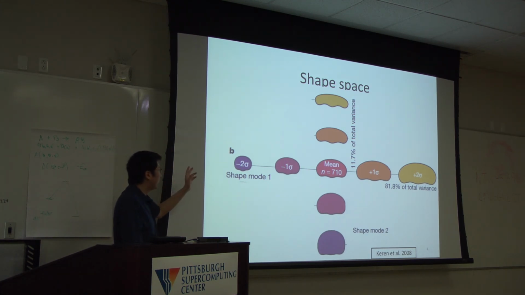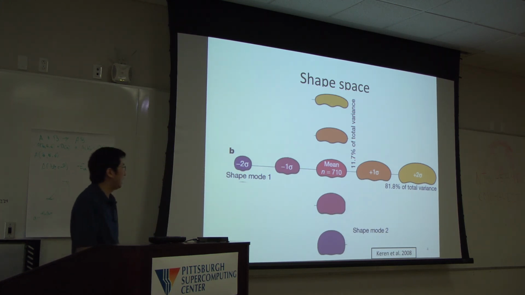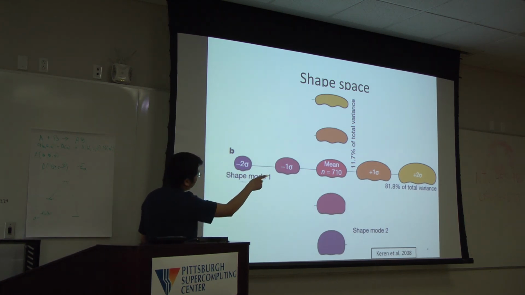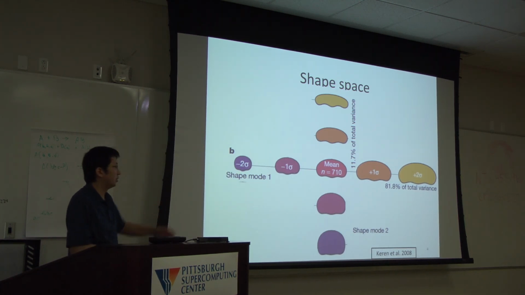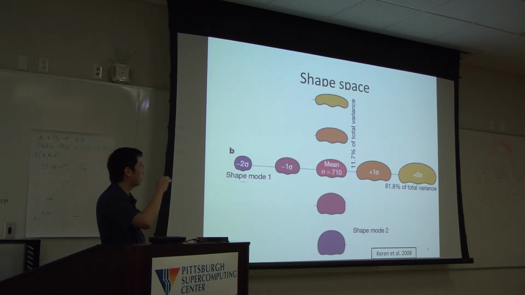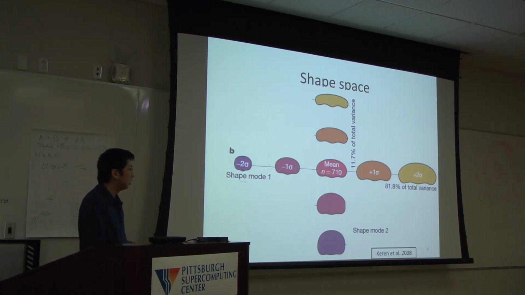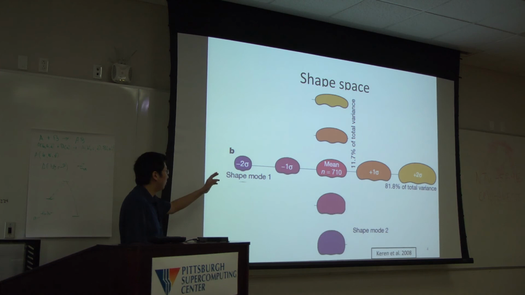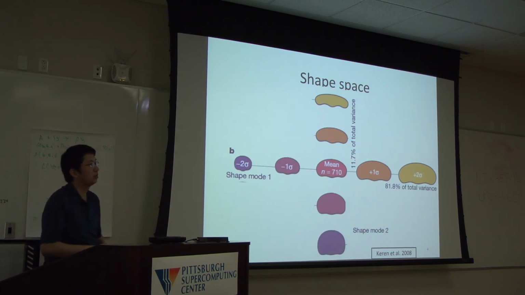For the first mode, it mostly captures the size of the cell. From left to right, the size gets larger and larger. And the second mode mostly captures the roundness of the cell. So with these two modes, each point in this space is a cell with a specific size and a specific roundness.